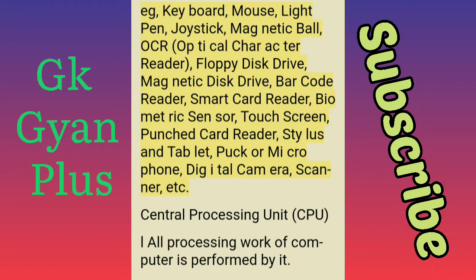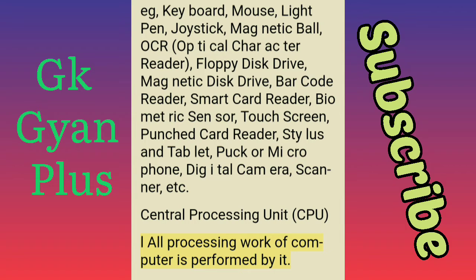E.g., keyboard, mouse, light pen, joystick, magnetic ball, OCR, optical character reader, floppy disk drive, magnetic disk drive, barcode reader, smart card reader, biometric sensor, touch screen, punched card reader, stylus and tablet, puck or microphone, digital camera, scanner, etc.